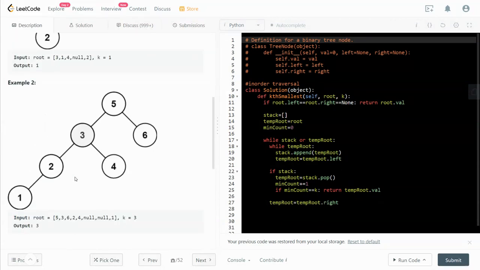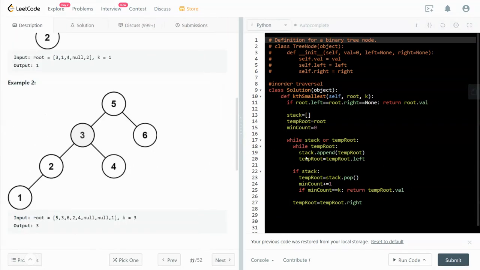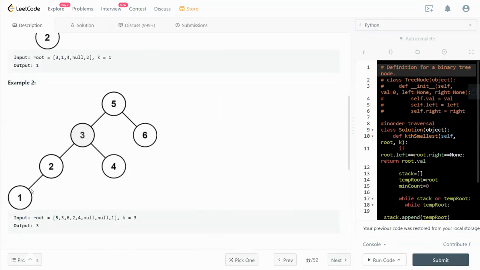I think this is another good example that we can take a look at. As you can see, following the rule, the number on the left hand side is smaller than the root node, and the number on the right hand side is bigger than the root node.